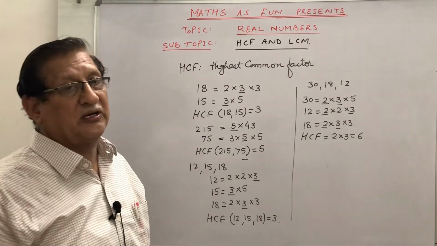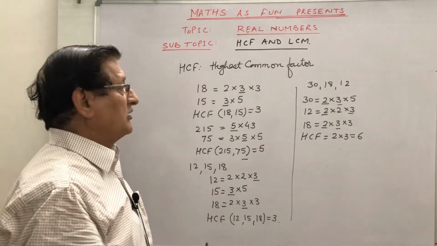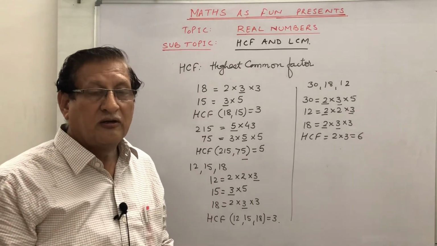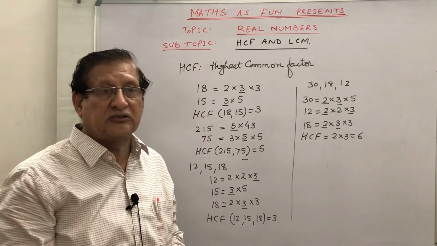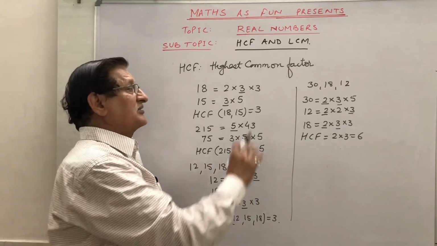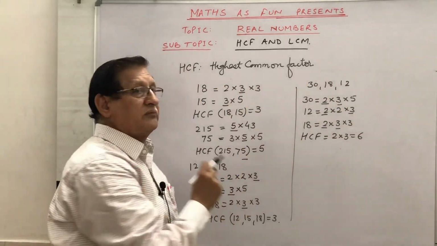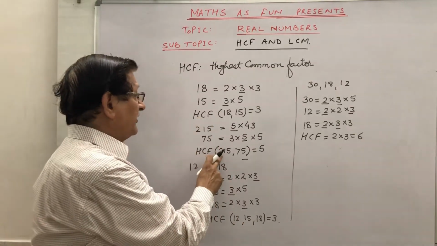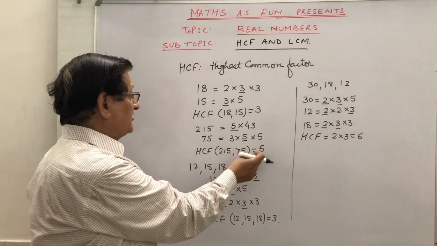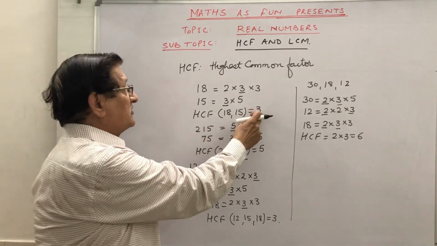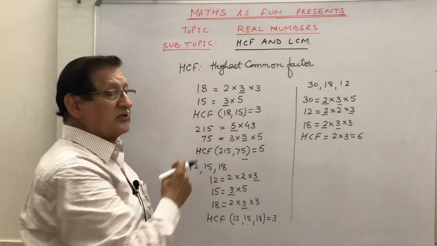What do you understand by HCF? Many times I am finding that people get confused. HCF, of course, we know is highest common factor. But what is it representing? It represents that the number which we are finding can divide all the given numbers. Like here we are finding 5 is the number which is dividing both 215 and 75 exactly. 3 is the number which divides 18 and 15 exactly.